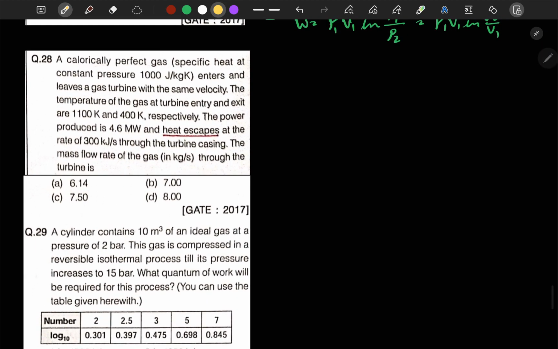Question number 28. A calorically perfect gas with specific heat at constant pressure Cp equal to 1 kilojoule per kg Kelvin enters and leaves a gas turbine with the same velocity. Let's say this is the gas turbine.